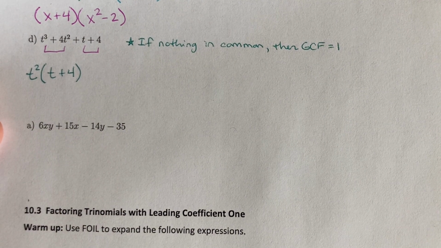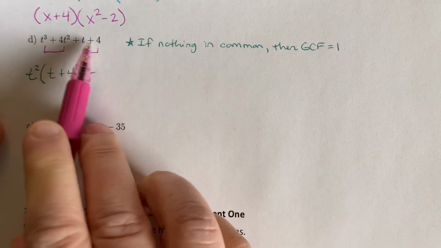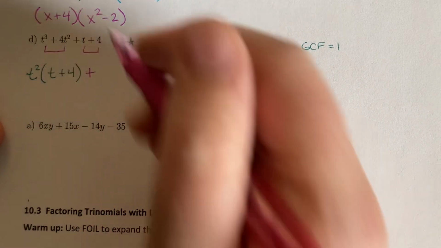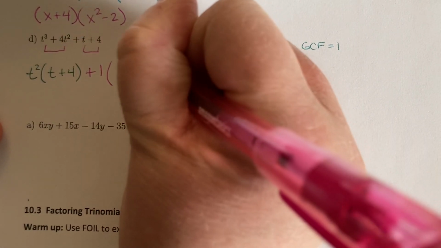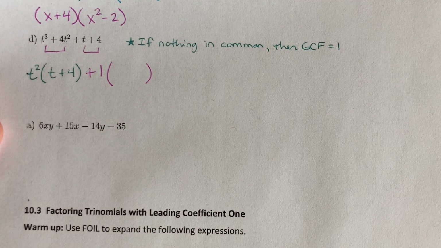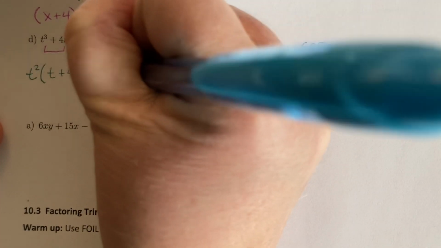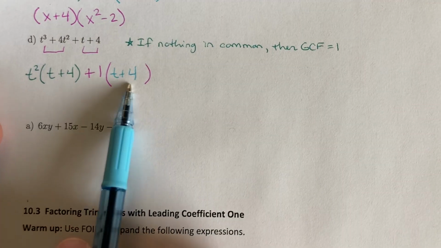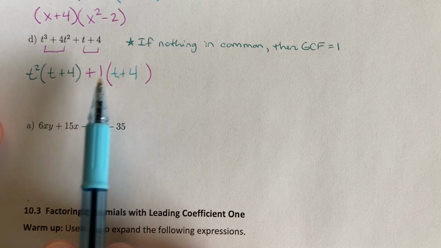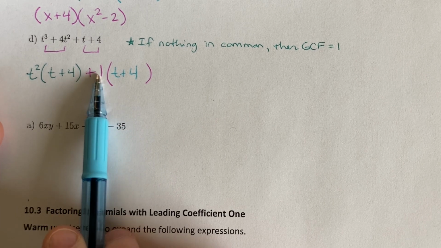All right, let's see about that then. We're going to keep it plus, because the t is positive. And then I just put plus 1. And then what's left after I factor out a 1 is t plus 4. Normally we wouldn't factor out a 1 because it doesn't change anything, but we need that placeholder there.